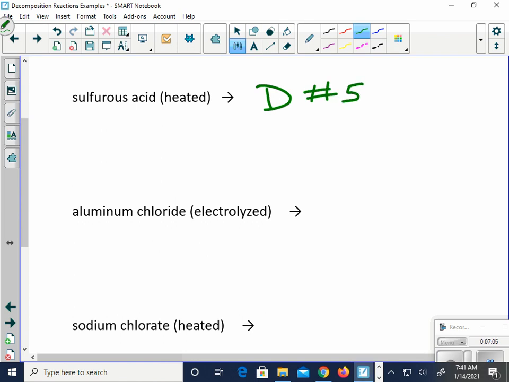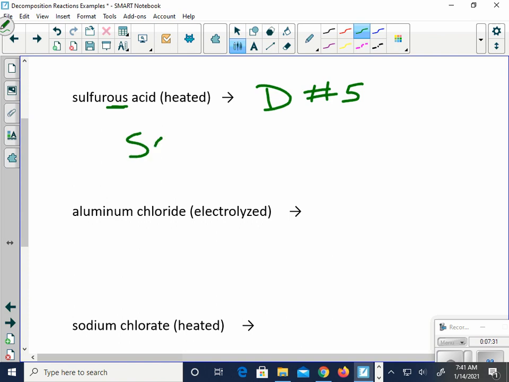Decomposition number 5, I have to start off with sulfurous acid. IC 1 or 3? Well, I don't see an IC. So I see an OUS. So this is acid rule number 2. OUS tells me that I have an ITE ending, so I am looking for sulfite.